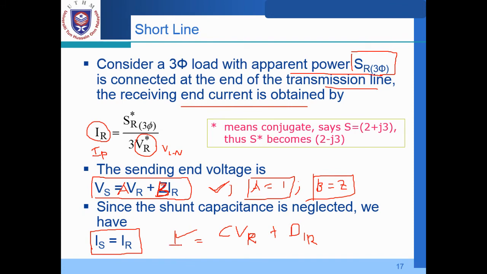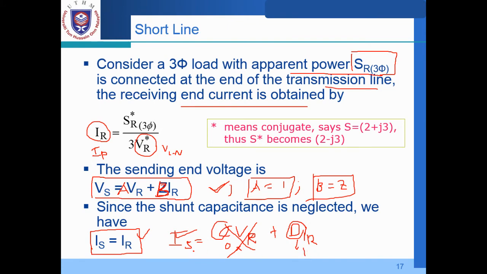This is I_S. So try to compare with this second equation. We can say that C is equal to 0, so 0 multiplied by V_R gives 0 over here. And D, sorry, this is I, so D equal to 1.